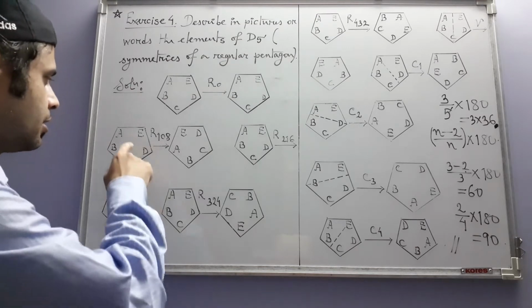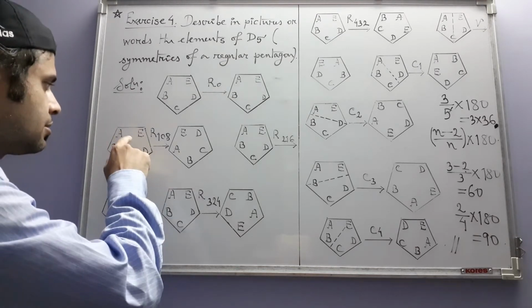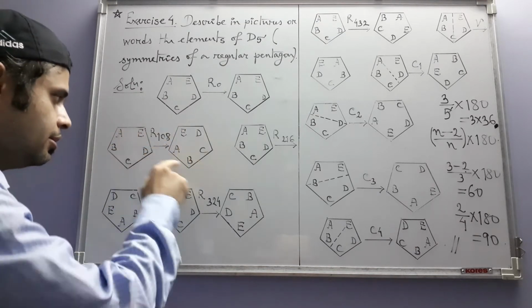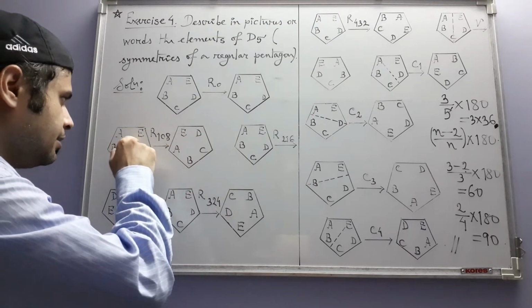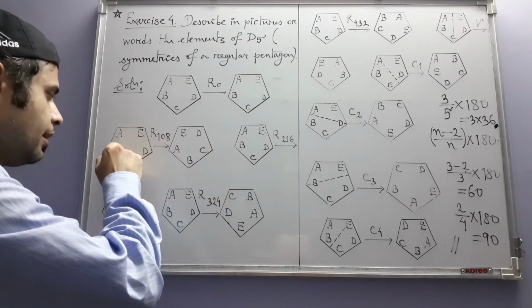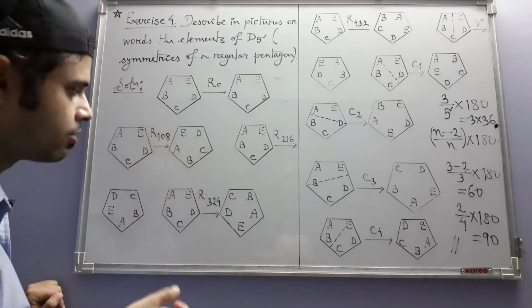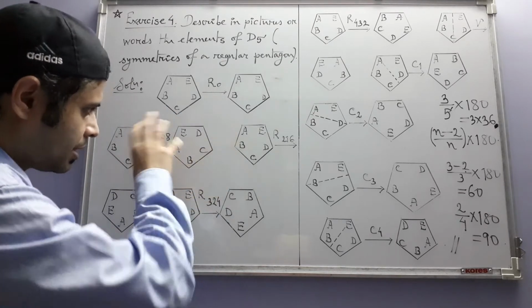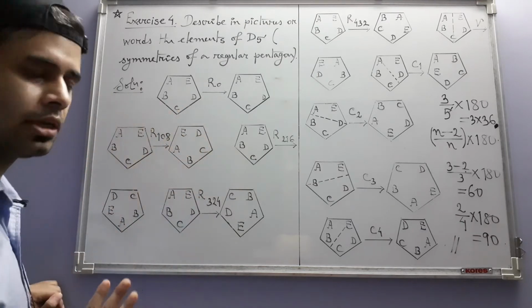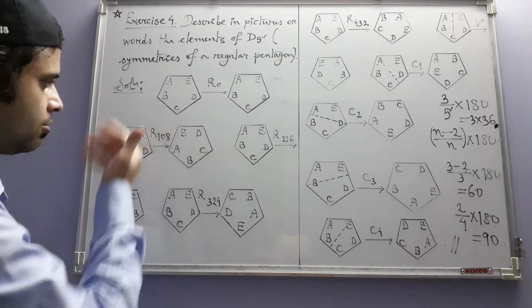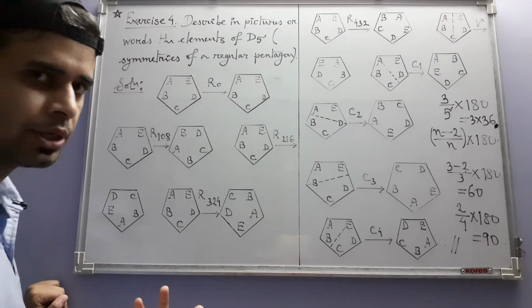What it does is that it shifts the vertices cyclically like this. E takes the position of A, A takes the position of B, and so on. Since the pentagon is regular, after this rotation it still looks the same, and that's why this rotation is a symmetry of the pentagon.